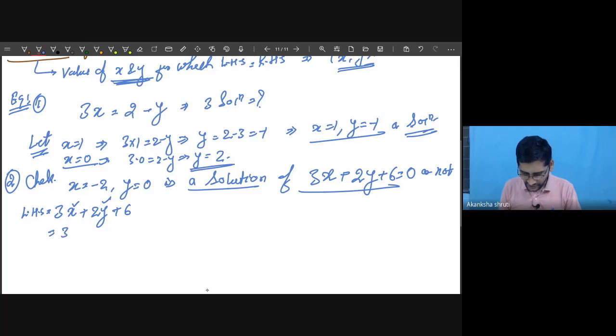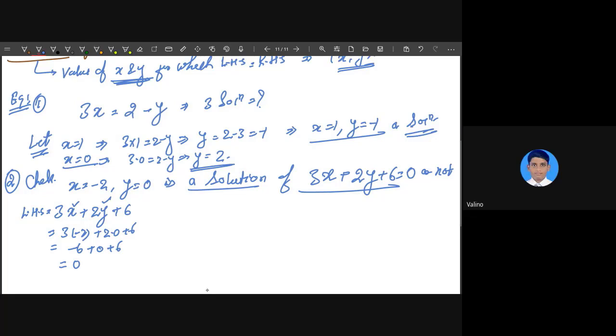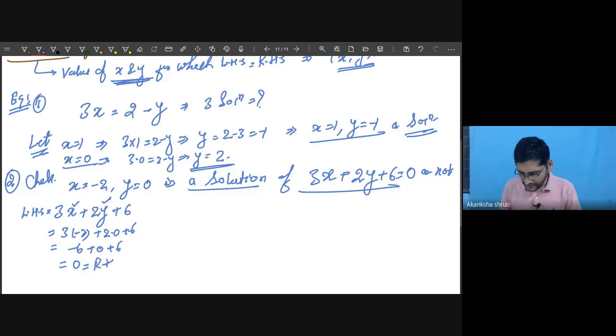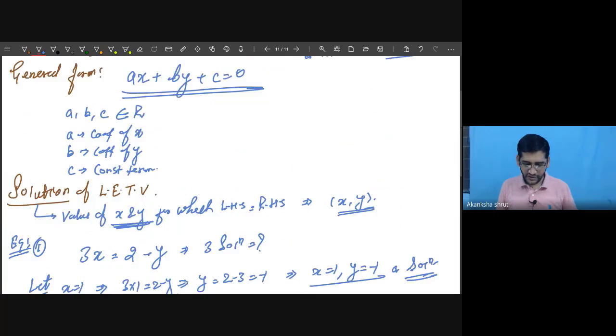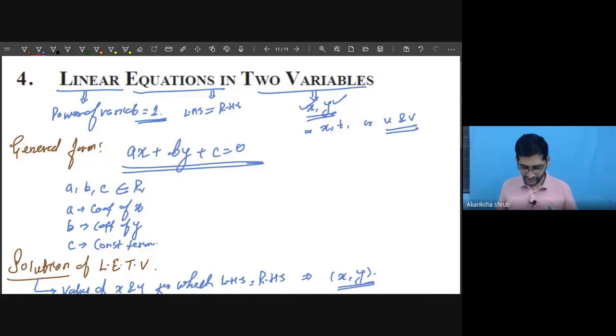So go for substituting. 3 into minus 2 plus 2 into 0 plus 6. So minus 6 plus 0 plus 6. Minus 6 and plus 6 cancel. Yes. So it becomes equal to RHS. So when LHS is equals to RHS, therefore x is equals to minus 2, y is equals to 0 is a solution.